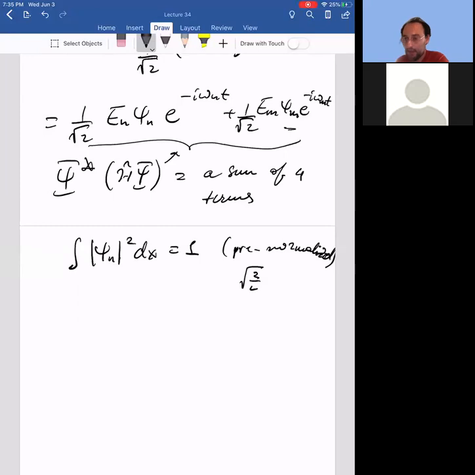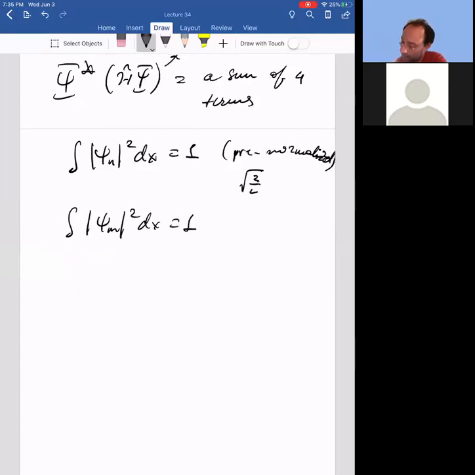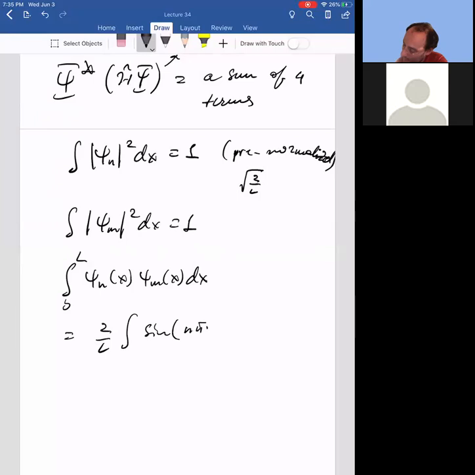So at this point, you can just profit from your knowledge that these guys are normalized. And obviously, this guy is also normalized. Okay? That's why it's good to normalize each mode individually. And let's see, the integral of psi n of x psi m of x dx between 0 and L is 2 over L times the integral of sine n pi x over L sine m pi x over L dx between 0 and L. And this is always 0.